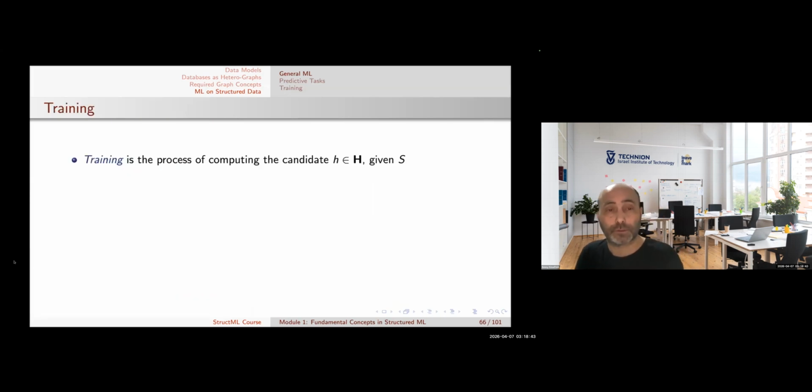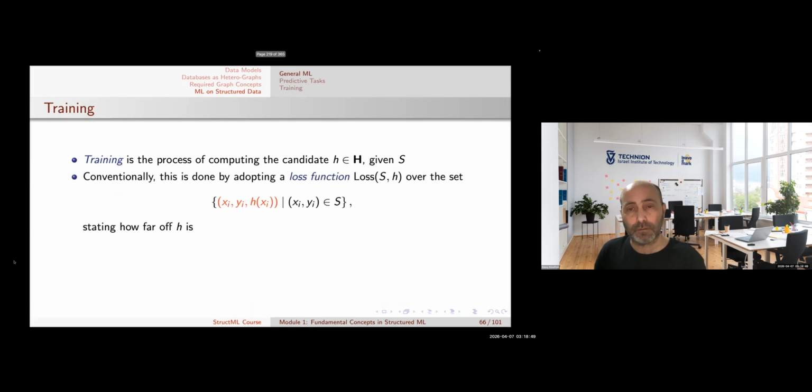Okay, now training is the actual process of computing this best H given the examples S. How do we do that? Well, we typically do it by defining a loss function.